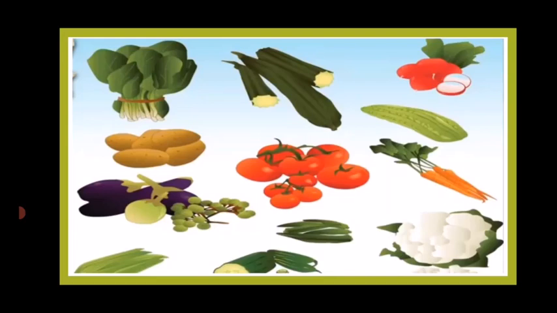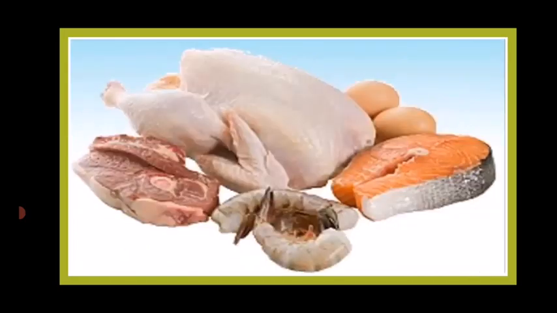Some of us like some vegetables, some of us like some other vegetables. So vegetables are also an important part of our food. And then we also eat non-vegetarian food. Like we eat chicken, we eat eggs, we eat fish. Not all of us, some of us. Okay, some of us prefer not to eat non-vegetarian food, and some of us like to eat non-vegetarian food also. So these are the different kinds of food that we eat.